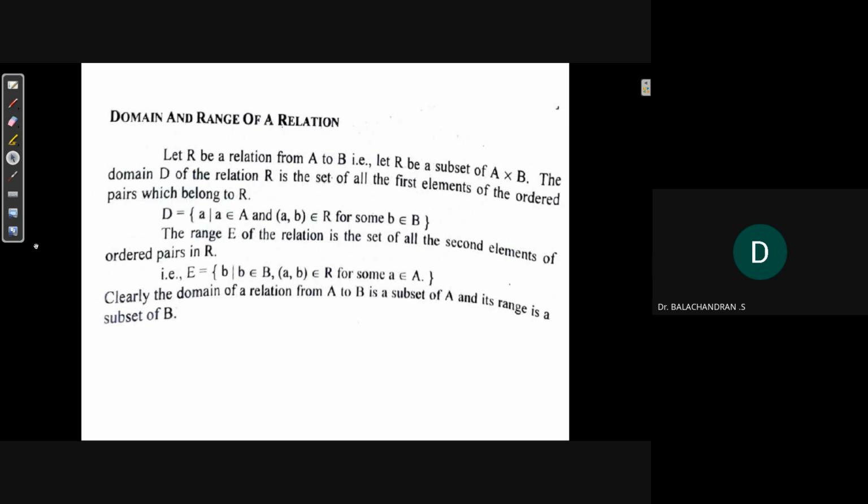So next, domain and range of a relation.